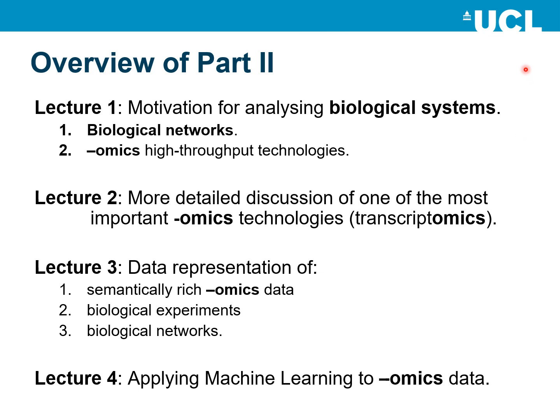So to give you an overview of the part 2, this lecture is very much just a motivational lecture, telling you about biological systems made up of biological networks and the techniques, the data, experimental techniques which can give you information about complete biological systems, often called omics high throughput technologies.